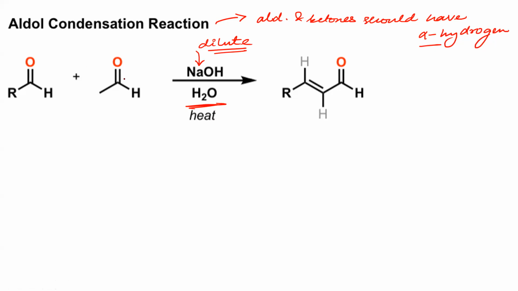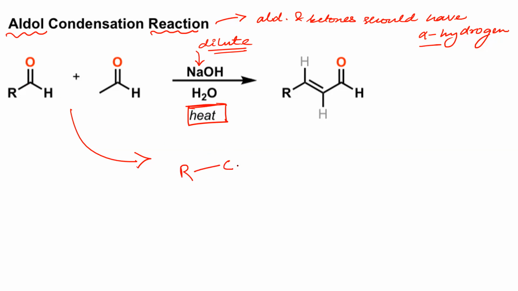Now, before writing the whole aldol condensation reaction, there's another reaction known as the aldol reaction. So let me show what happens if we don't use heat. If we don't heat, then we will get a product with an R group, and you will have all the same things.